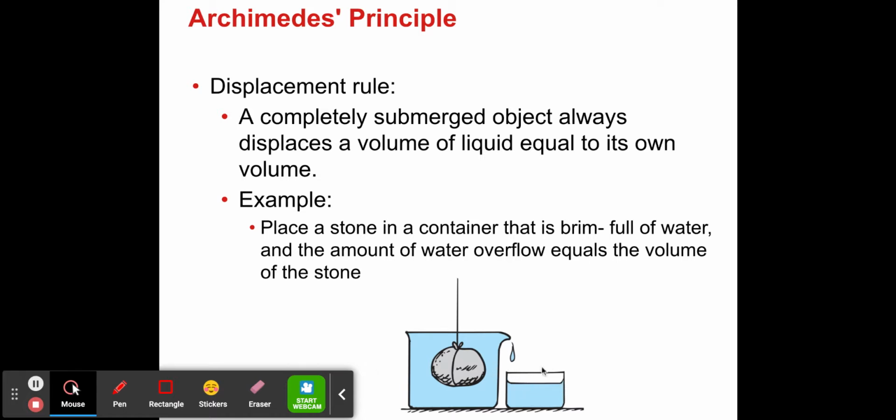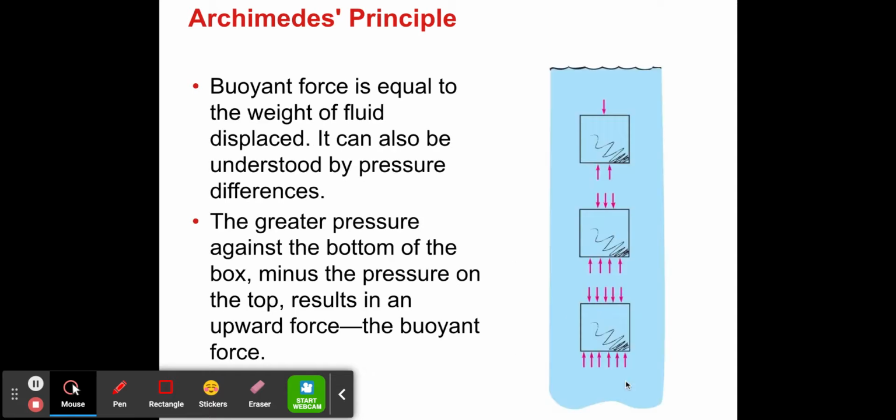So that water that you collect is actually the water that is being displaced. If you take the weight of this water displaced, you will realize that that is the upward force that this stone is going to experience. So you place a stone in a container that is brim full of water, and the amount of water that overflows equals the volume of the stone.